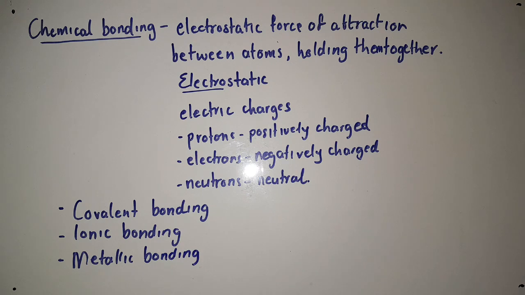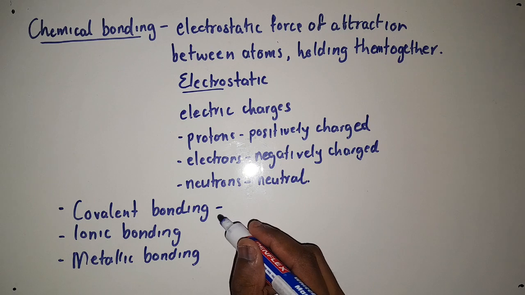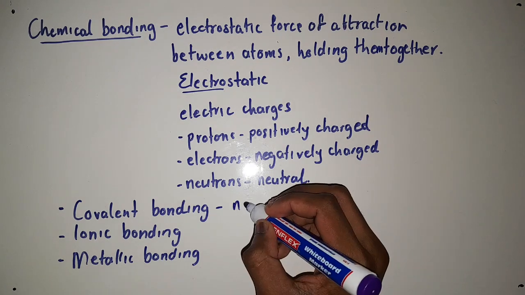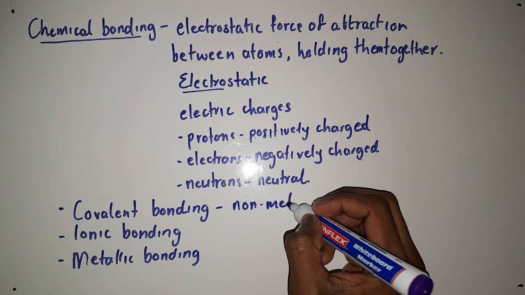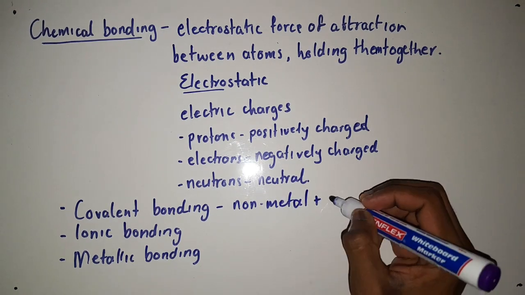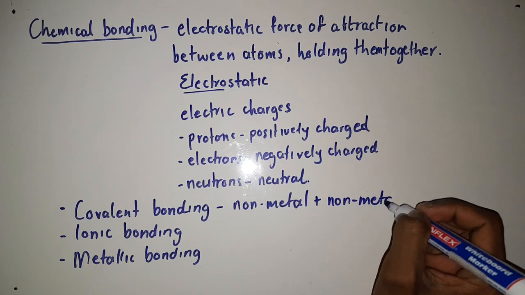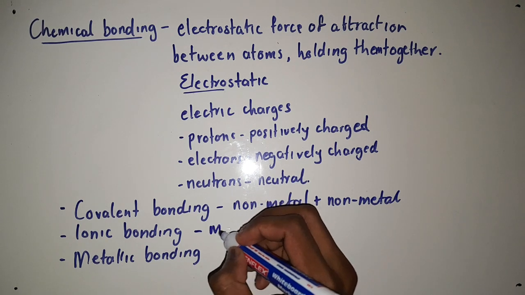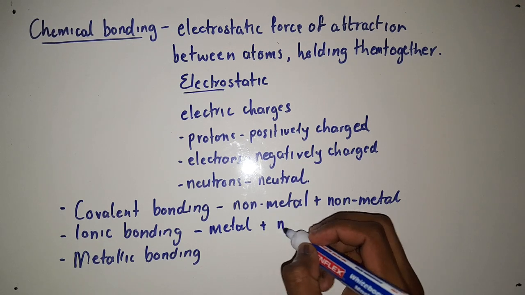Briefly, a covalent bonding takes place between non-metal plus non-metal. Ionic bonding we have a metal plus a non-metal.